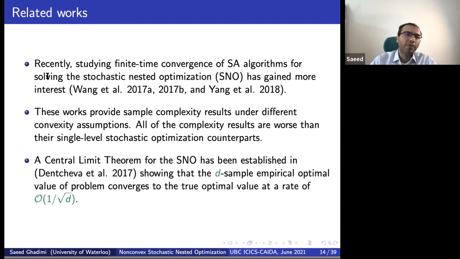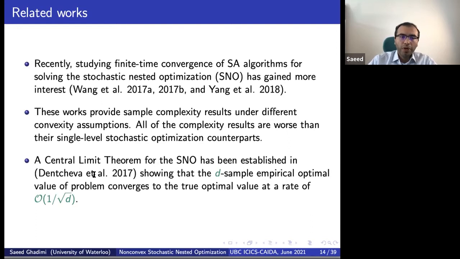For example, several recent works proposed algorithms to solve nested problems under different convexity assumptions on the objective function. However, all of the convergence results are worse than their counterparts for single-level problems.